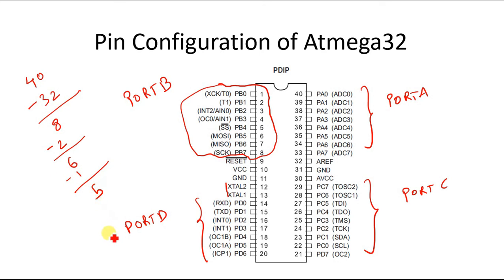So what we are left with is 5 pins. And these 5 pins are the power pins. So this is 1, 2, 3, 4, and 5. For the IC to operate, it is mandatory to connect VCC and AVCC to 5 volts and ground to the ground pins. AREF is utilized when we discuss the A to D converter. So we'll discuss it when the analog to digital conversion comes into picture.